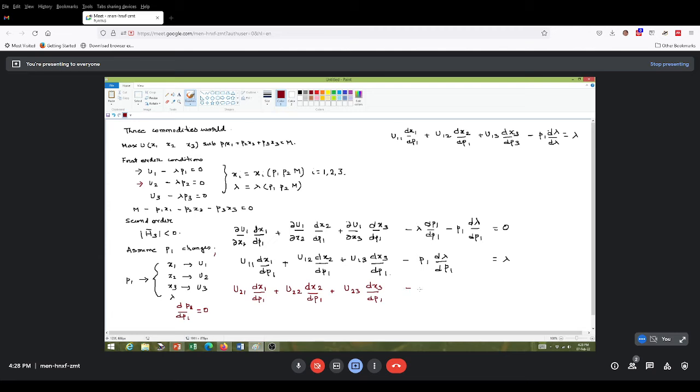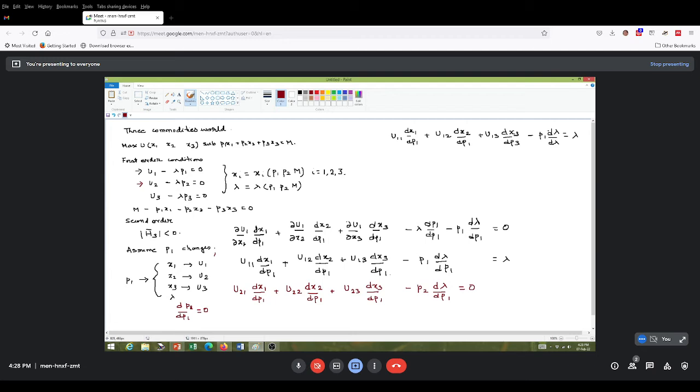So this term will vanish. So we have minus 0, and only the corresponding term will remain. So we have p2 d lambda by dp1, this is equal to 0.